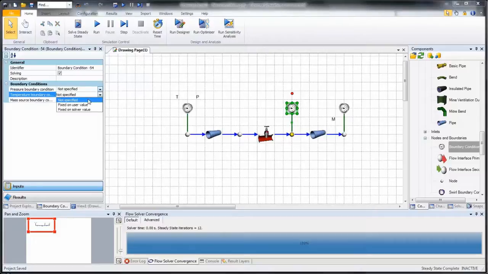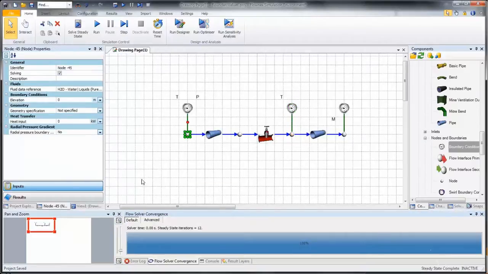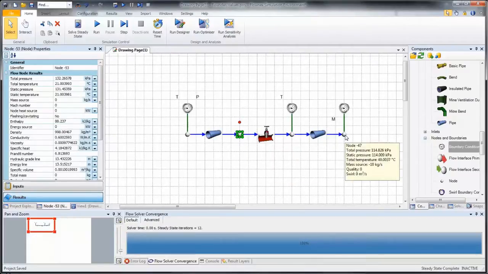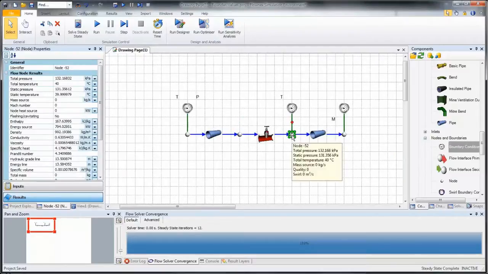Let's specify a temperature of 40 degrees C on this position. Upon solving, you'll see that the temperature stays practically 21 degrees C up to the boundary value position, where it changes to 40 as we told it to, and then keep that value up to the outlet. On the node's result, you'll now see that an energy source value is created.